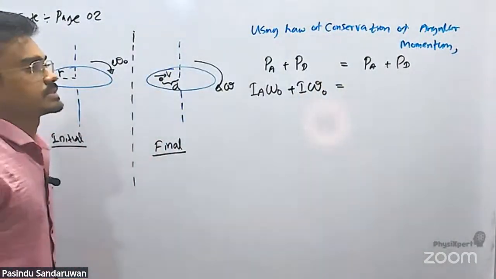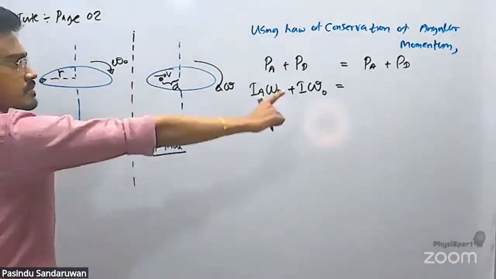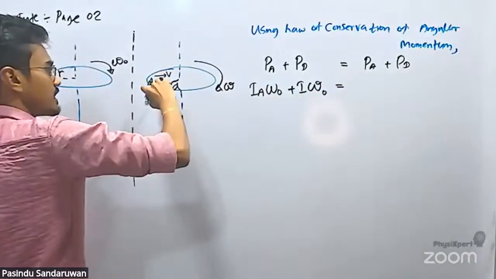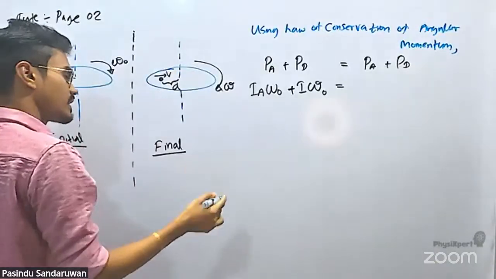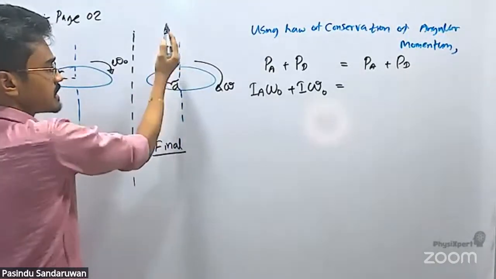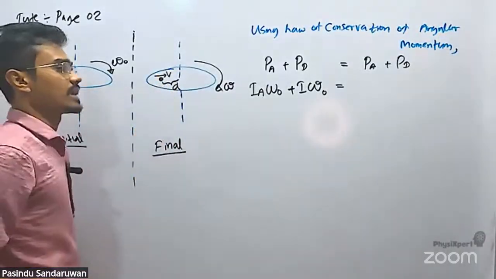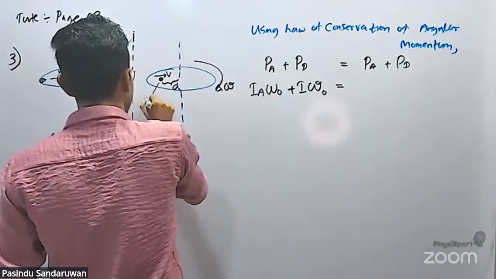Second scenario. Angular momentum of the ant. Now the ant is also rotating with this omega. Still the ant is rotating about an external axis. Then we can write that as, let's say, IA dash.